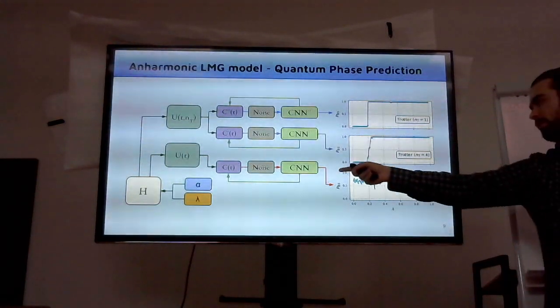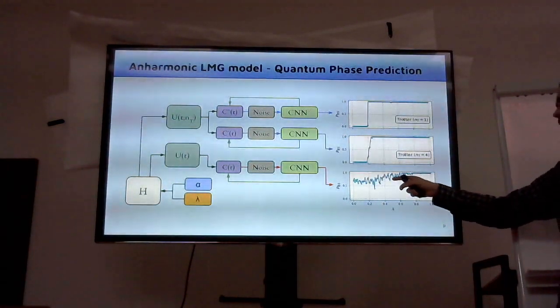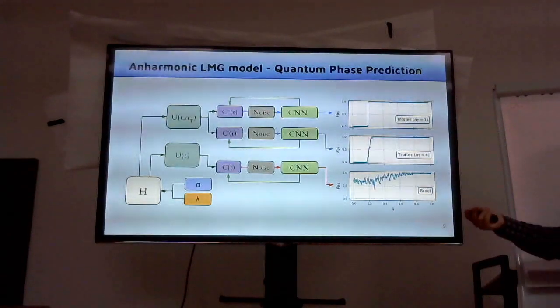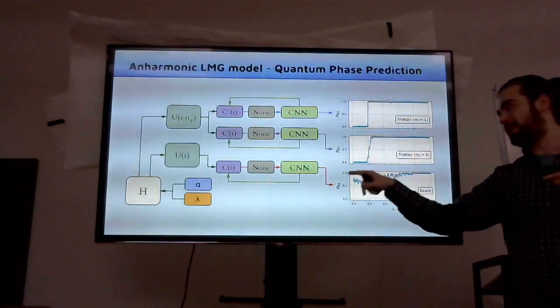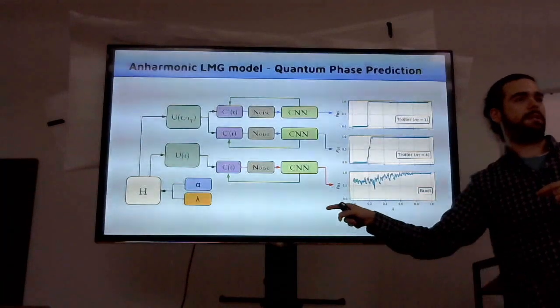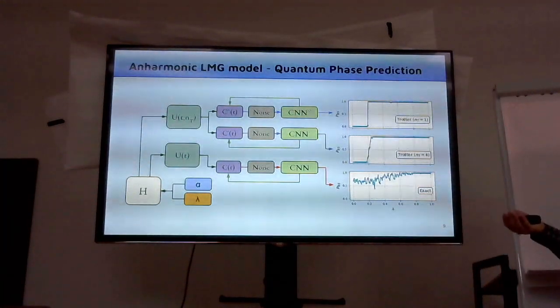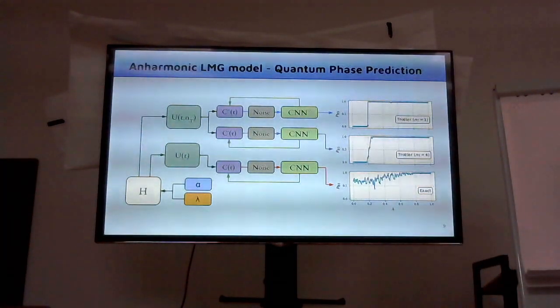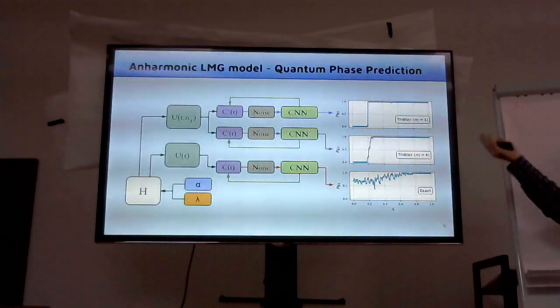So of course, when we do it with the exact evolution, the signal is destroyed, and the convolutional neural network, which is trained with the not noisy signal, is not able to extract the quantum phase transition or the quantum phase at all from the noisy signal.